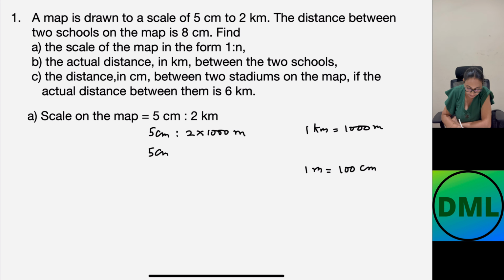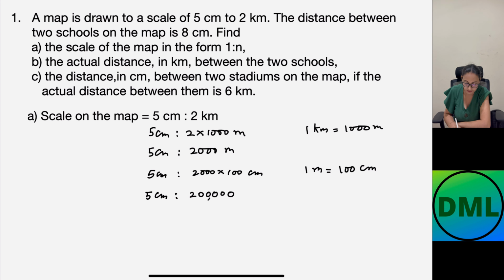If I write down here, 5 centimeters is equal to 2000 meters. We know that 1 meter is equal to 100 centimeters. I am going from a bigger unit to a smaller unit, so I need to multiply that by 100. 5 centimeters is to 2000 multiplied by 100 centimeters. So this is 200,000 centimeters.